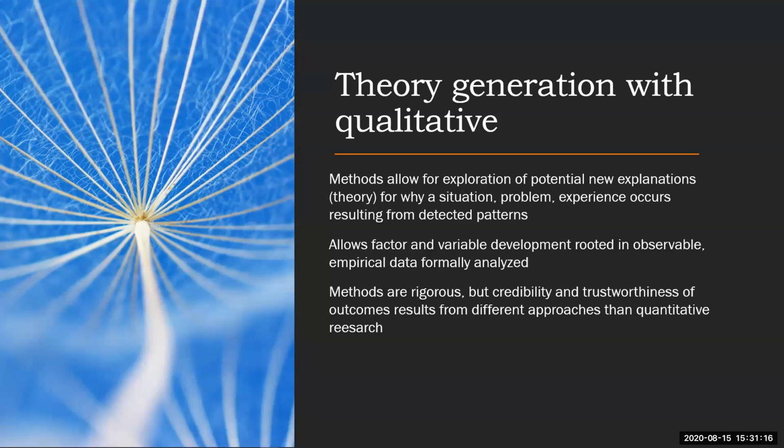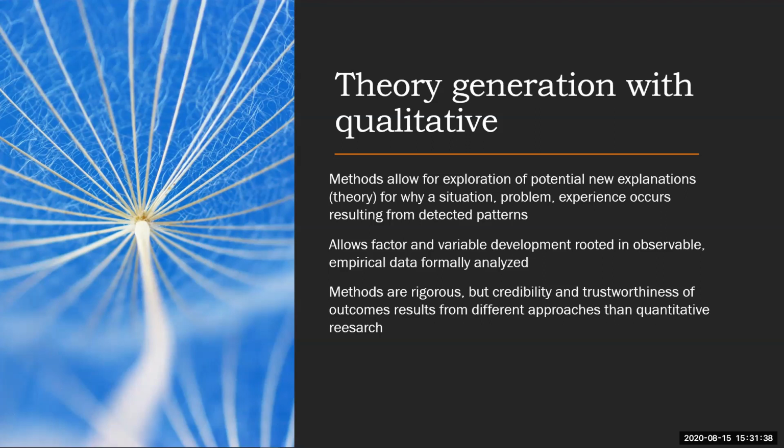And one of the other criticisms that you will hear from quantitative researchers who don't really understand qualitative is they will say that they are not empirical or they are not rigorous. They are empirical because they rely on observation, whether that observation comes from a questionnaire or from interviews or from direct observation in the classroom.